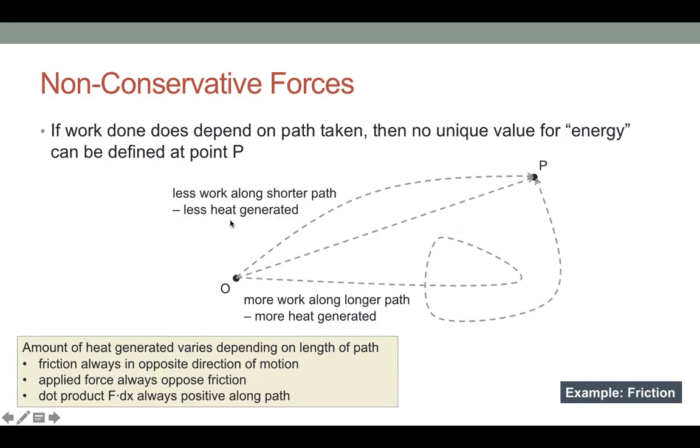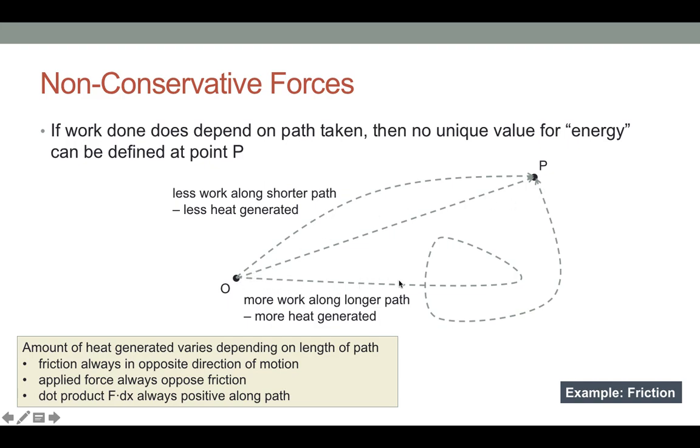Now, let's take another example of a non-conservative force. What this says is that the work done does depend on the length of the path. Friction is one such example, because the amount of heat generated depends on the length of the path taken. The shorter the path, the less work is required to push an object from here to here.